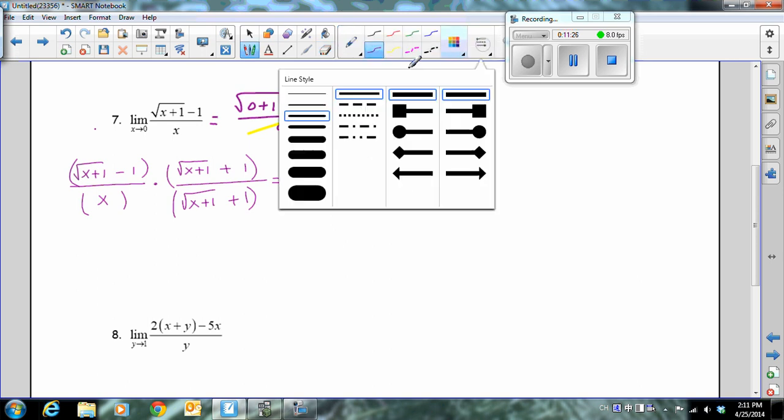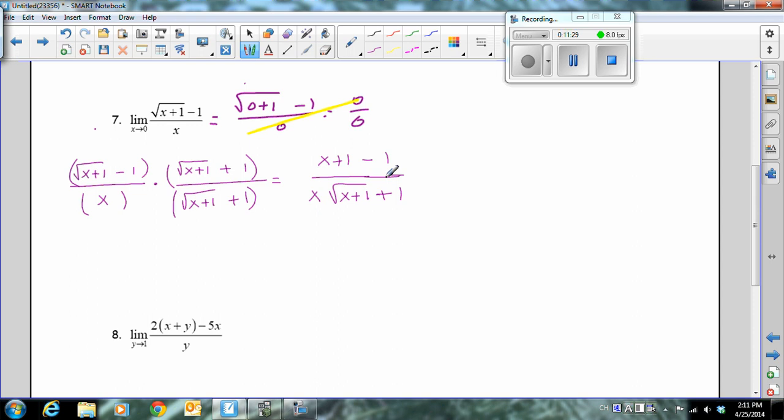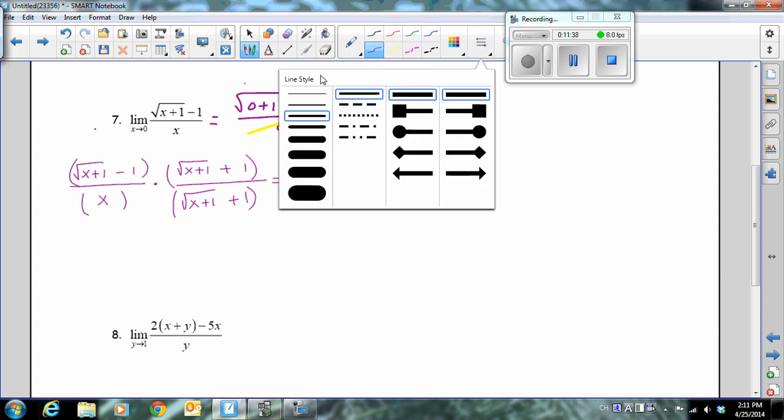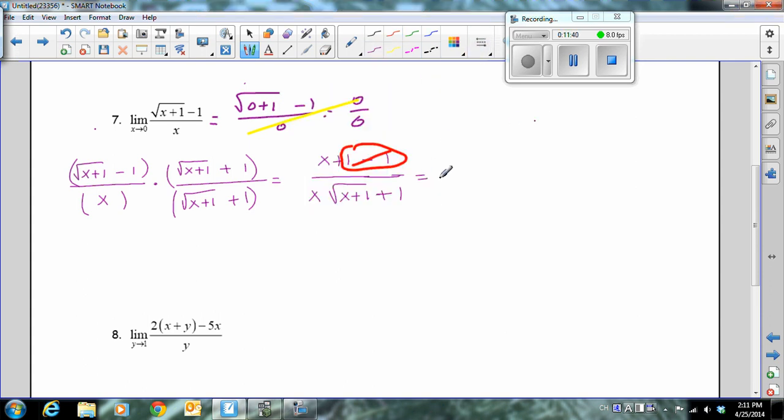Alright, from here I will simplify the top, and the 1 and 1 will go away. The x will simplify with this x, and I will have now 1 over square root of x plus 1, plus 1 on the outside. At this point, I believe I can plug in 0. By the way, since I'm looking for the limit, I cannot just write this and write the answer.